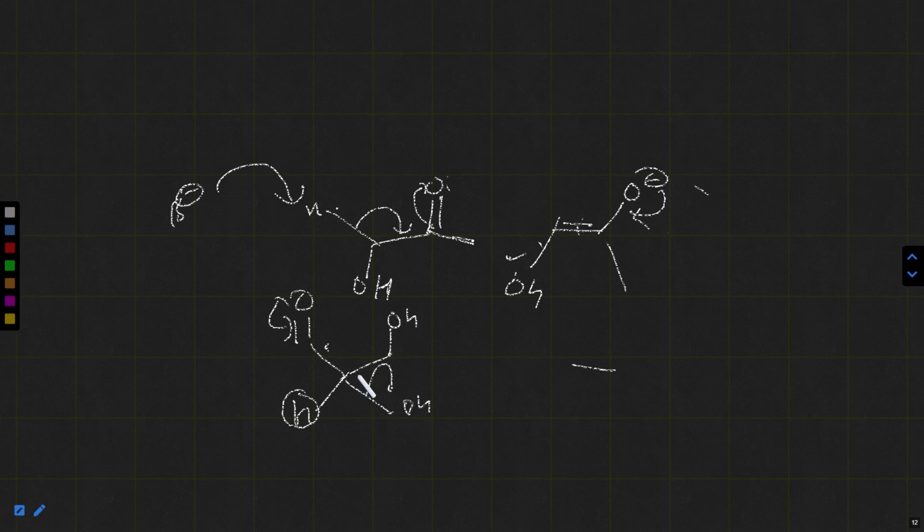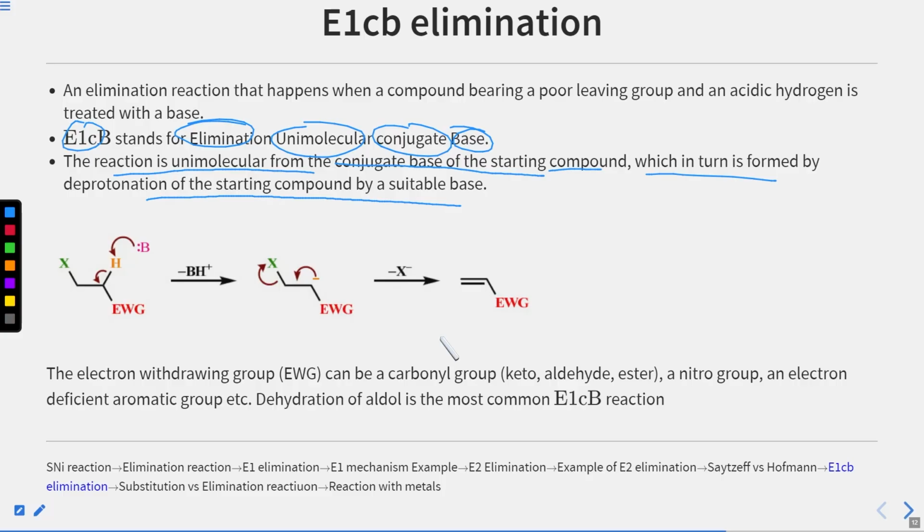So is this clear? If you remember, this is the case for your aldol reaction in which even E1CB occurs. First of all, this H is taken, and there is an electron withdrawing group. First it goes there, and then due to the electron withdrawing group, this negative charge becomes stable. And after some time it breaks down, and your poor leaving group is removed. Now the electron withdrawing group can be anything.